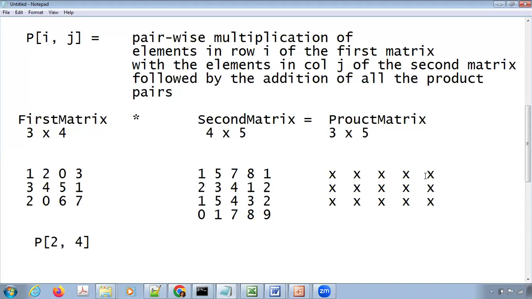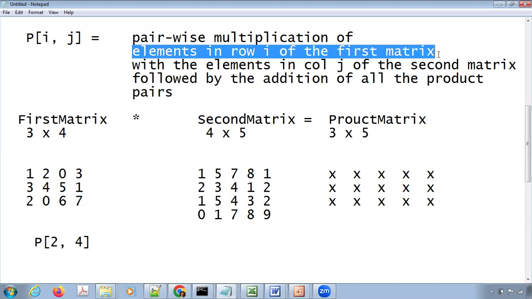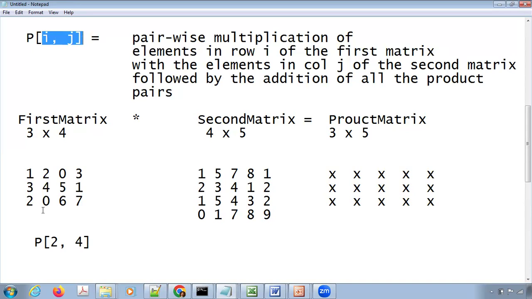For that, I need to multiply all the elements in row 2 of the first matrix. That's what the rule says. Row I of the first matrix, we want to focus on row I, column J. So row 2 in the first matrix is multiplied with all the elements in column 4 of the second matrix.